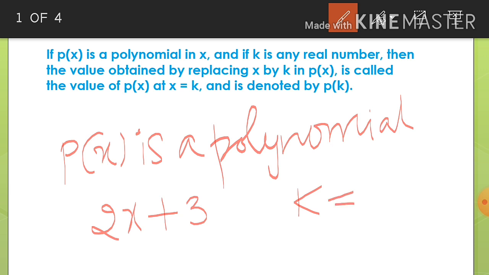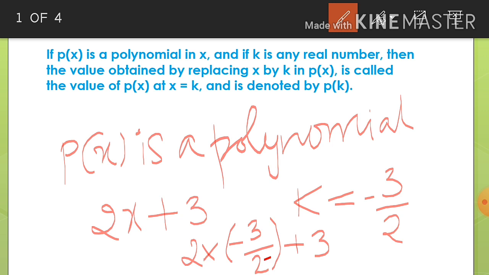According to the definition, the real number is k, but I am taking the real number as minus 3 by 2. Now I'm just replacing it in place of x. 2 into minus 3 by 2 plus 3.